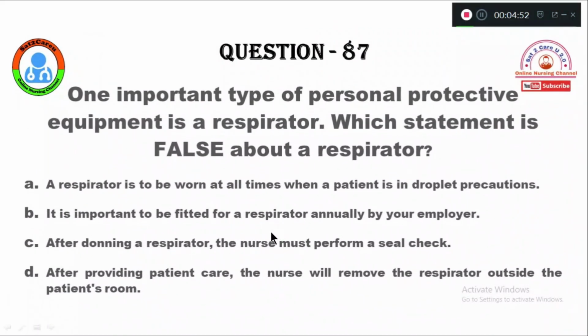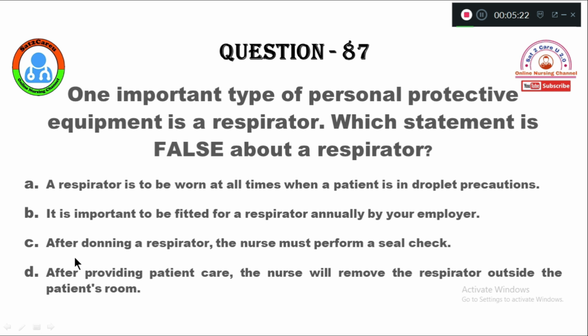Question number 87. One important type of personal protective equipment is a respirator. Which statement is false about a respirator? Option A, a respirator is to be worn at all times when a patient is in droplet precautions. Option B, it is important to be fitted for a respirator annually by your employer.